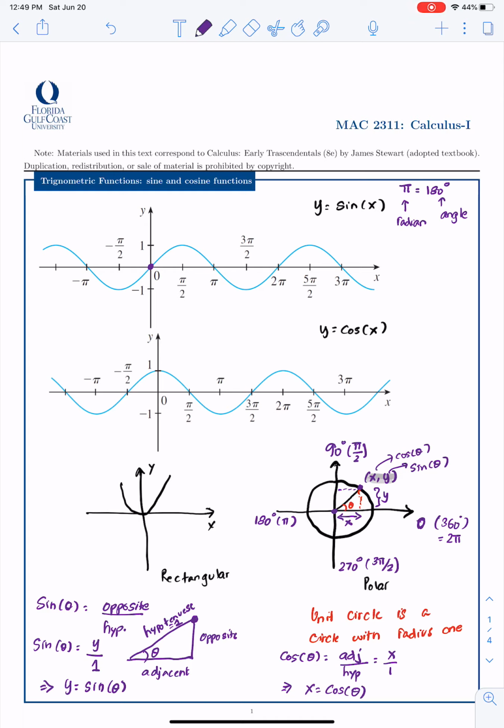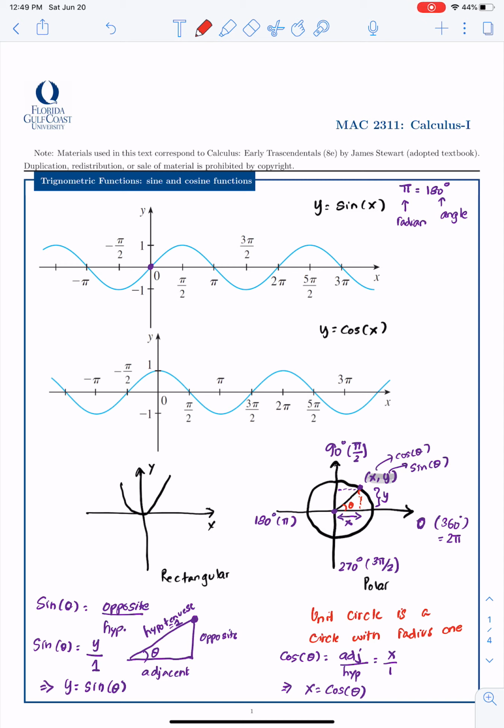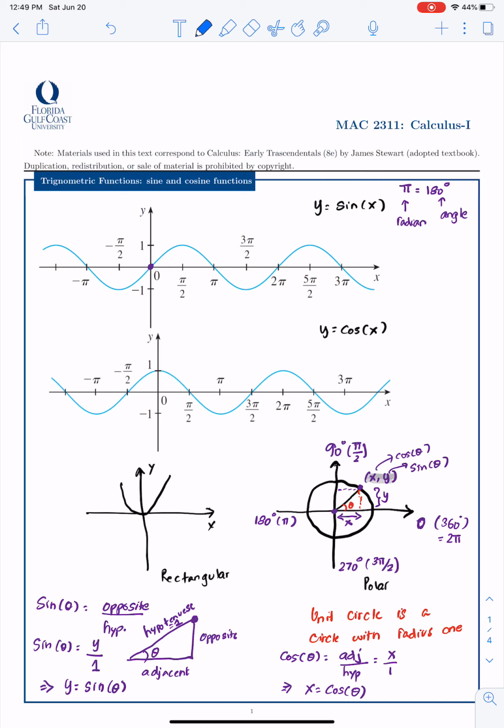Now, if the angle moves upward toward 90 degrees, in the sense of moving that line, the hypotenuse, from 0 all the way to 90 degrees, when I do that, what is the corresponding value of y? You may ask me, well, why are you looking at the value of y?